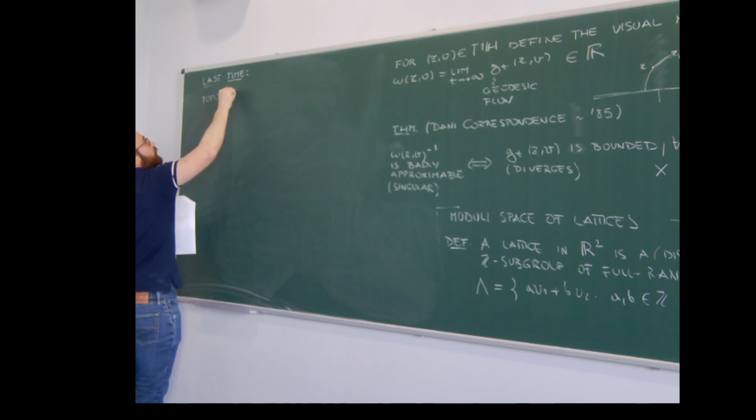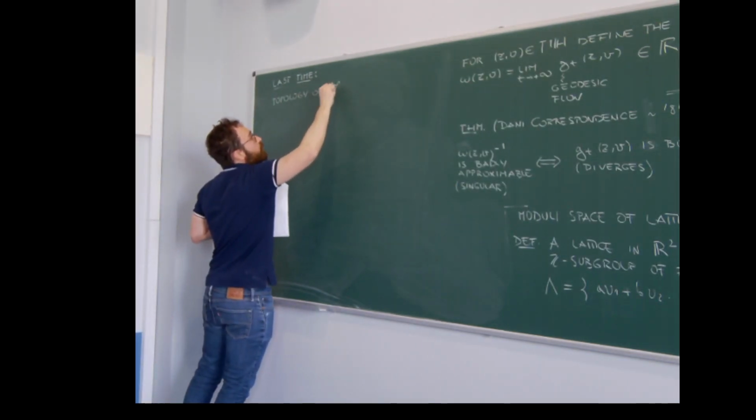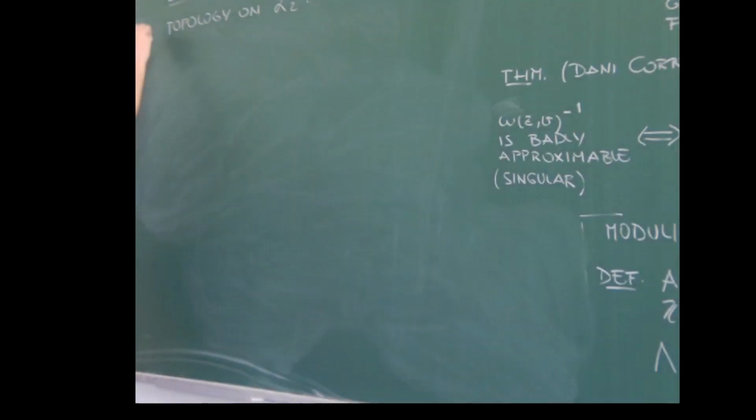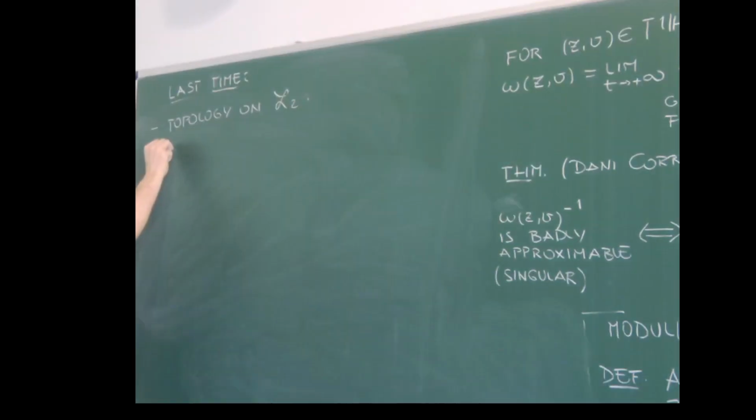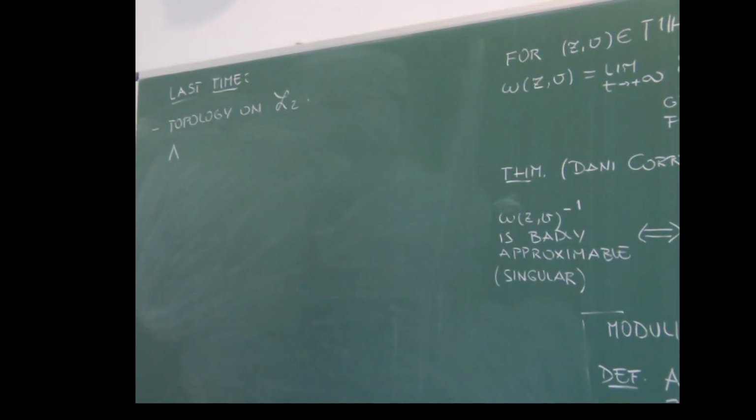So topology on L2 is defined in the following sense. To define a topology I can just define a way of saying when a sequence of lattices converges to a lattice.